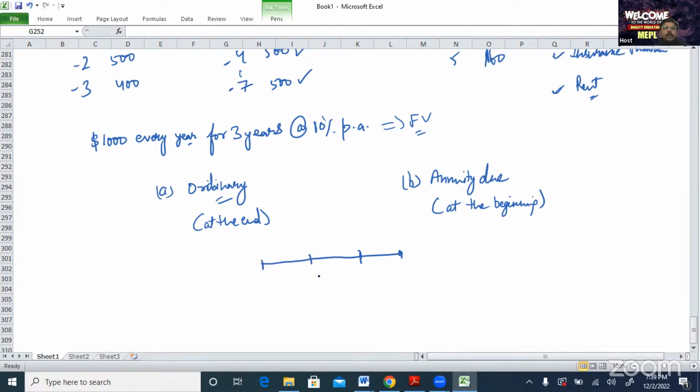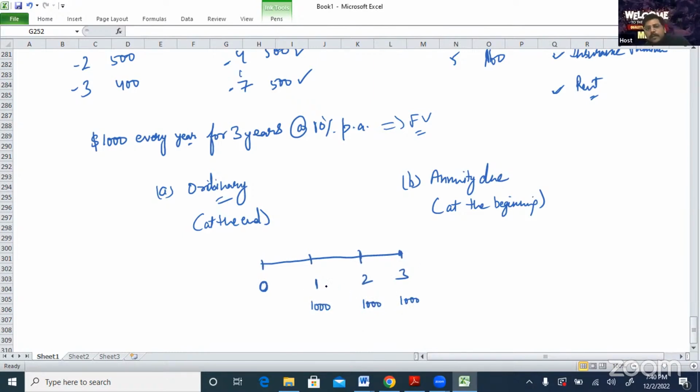It can be a month gap or a week gap, for example every Monday the same amount. So this is time period 0, this is 1, this is 2, this is 3. I am saying I am depositing $1,000 every year. So I can deposit at the end of year 1, at the end of year 2, and at the end of year 3.